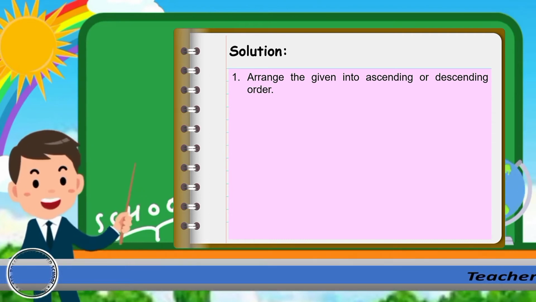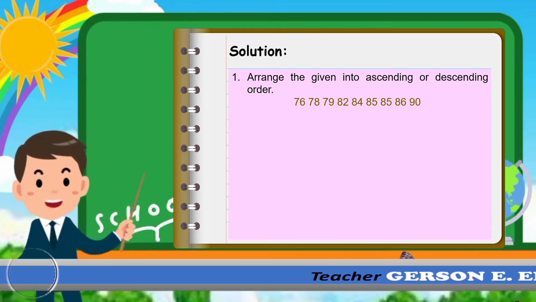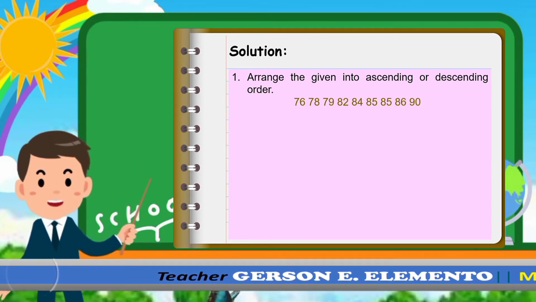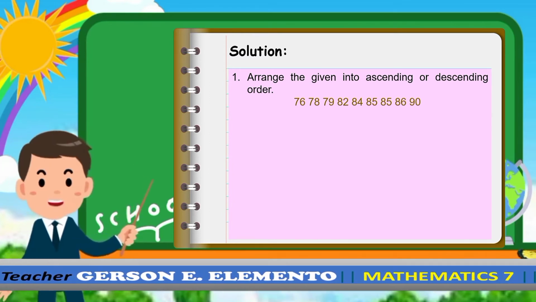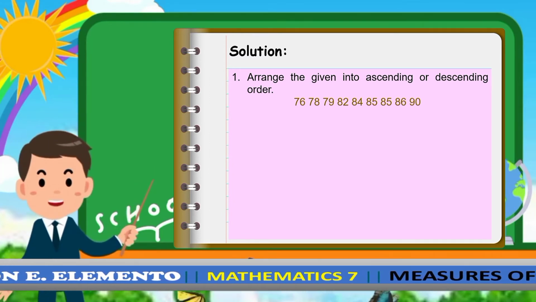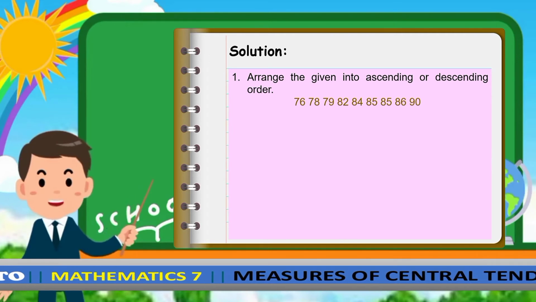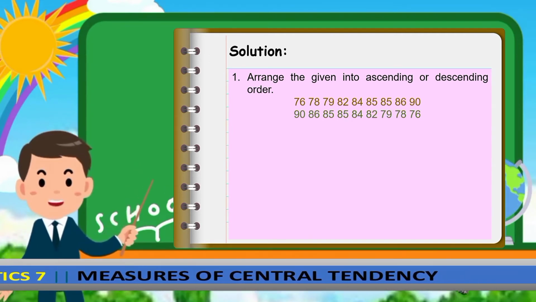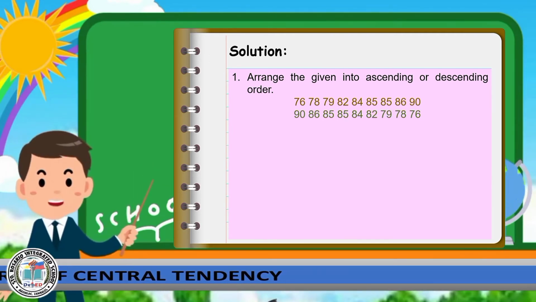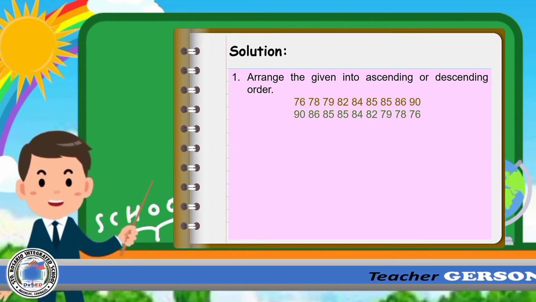We have 76, 78, 79, 82, 84, 85, 85, 86, and 90. Descending order, we have 90, 86, 85, 84, 82, 79, 78, and 76.